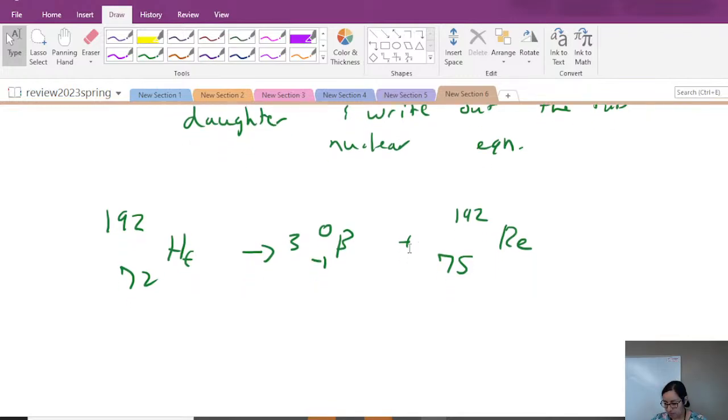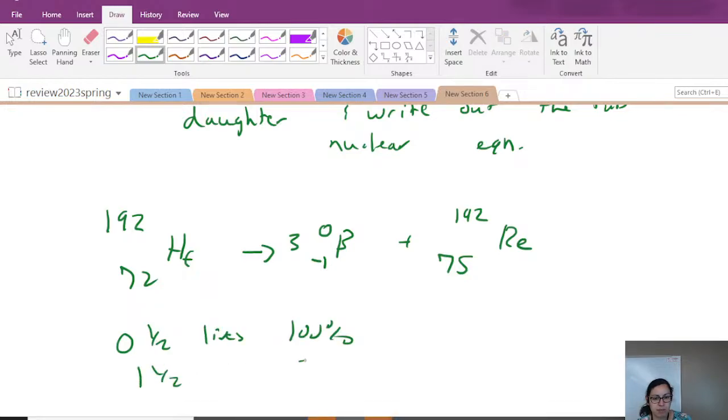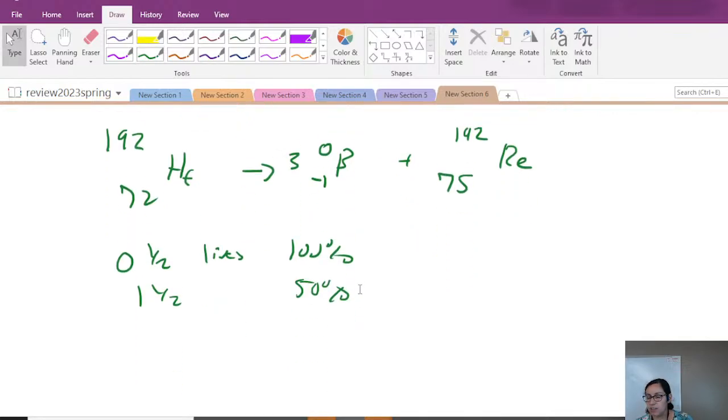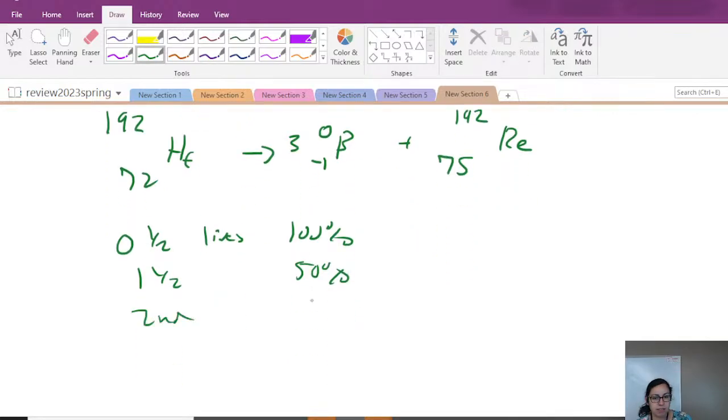Zero half-lives, you have 100%, 1 half-life, 50%, second half-life, 25%, etc. If you can do that with percentages and fractions, you'll be okay.